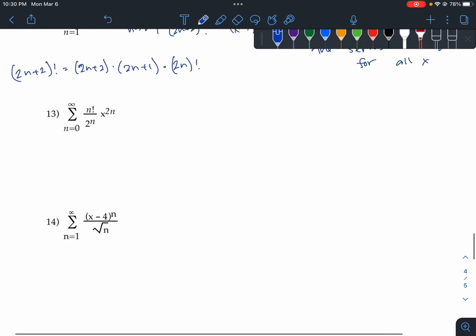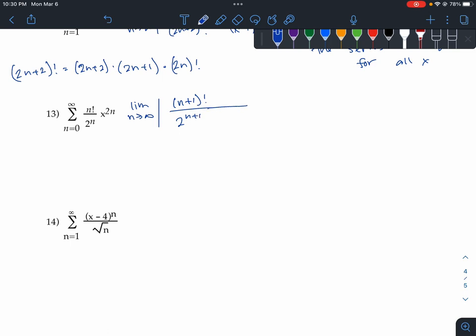Alright, so let's go to this one. Let's find its interval. So we'll use the same test. So the limit as n approaches infinity, absolute value, will have n plus 1 factorial divided by 2 to the n plus 1.